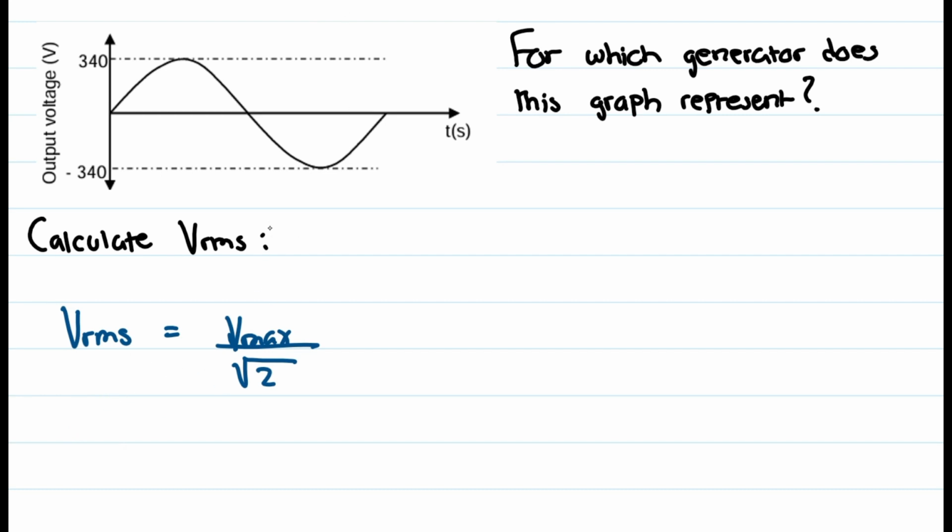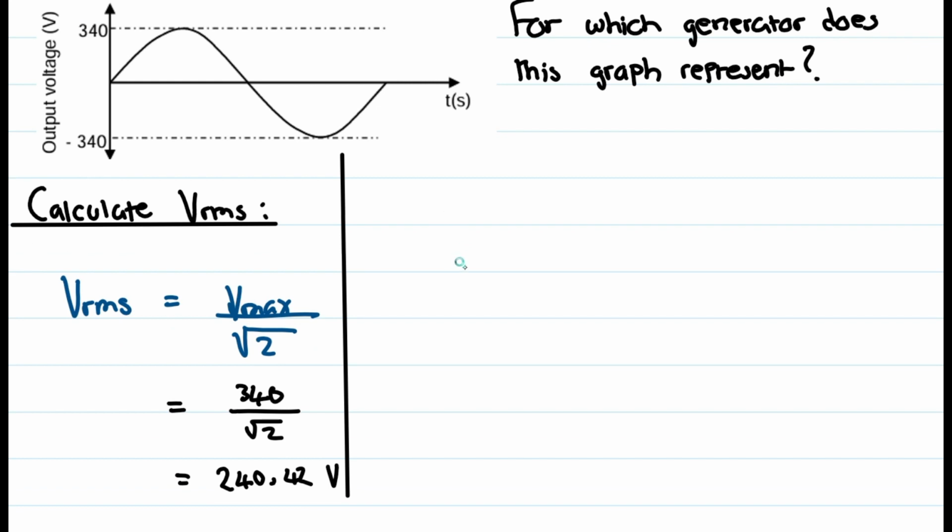Where is the Vmax when we are looking at this graph? That will be 340. So this will be 340 divided by the square root of 2. You can just plug that into your calculator, and this gives you the root mean square of 240.42 volts.